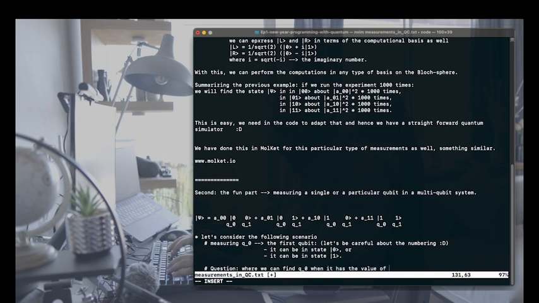And now let's ask where we can find the first qubit Q0 when it has a value of 0.